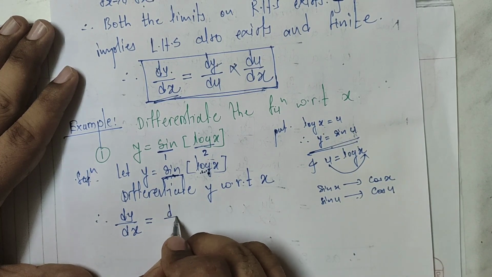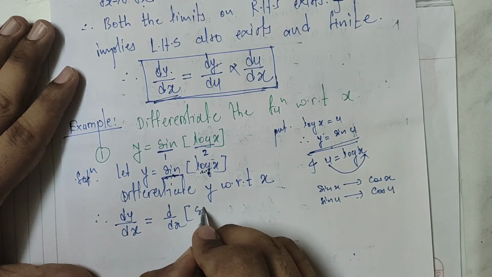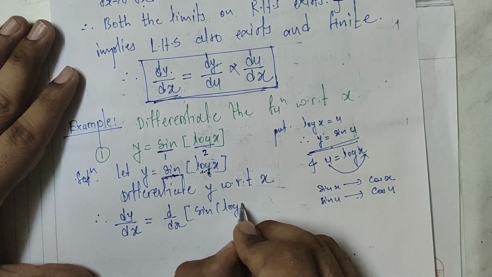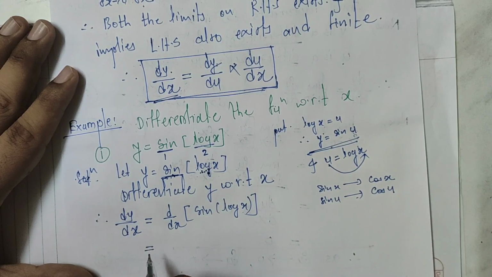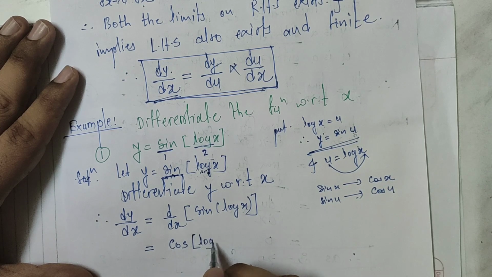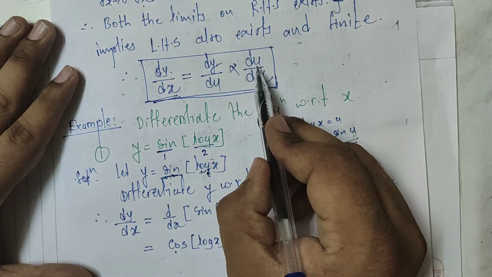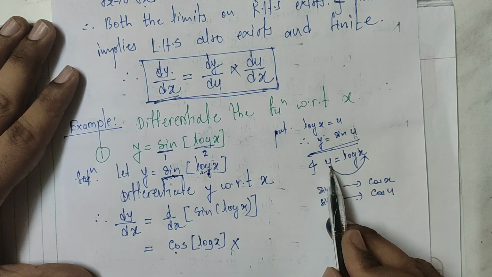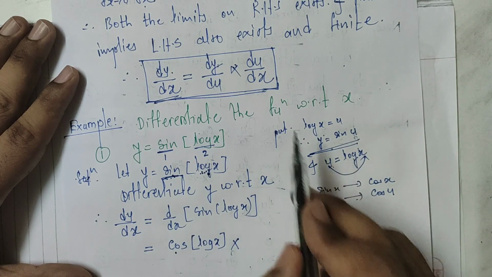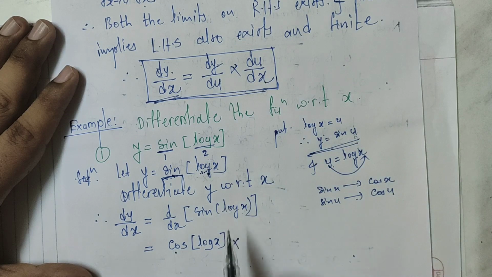Therefore, the derivative of sine of log x is equal to: the first function is sine, therefore here I am taking cos. Sine's derivative is cos, and the remaining function as it is, log x, into, by using the chain rule, the derivative of the second function, u, that is du upon dx. What is meant by u?